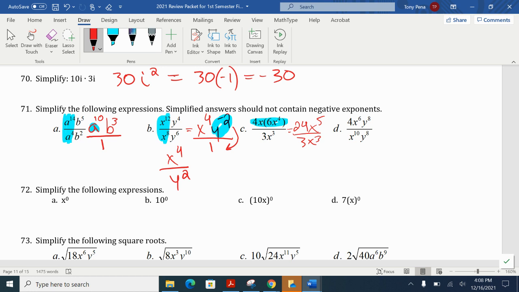Now each set of terms we're going to divide. First, 24 divided by 3 is an 8. And then x to the 5th divided by x cubed, we just said we subtract those. That should be x squared. And then there would be nothing left over in my denominator. We can leave that if you want, but multiple choice wise, it's just going to look like 8x squared.